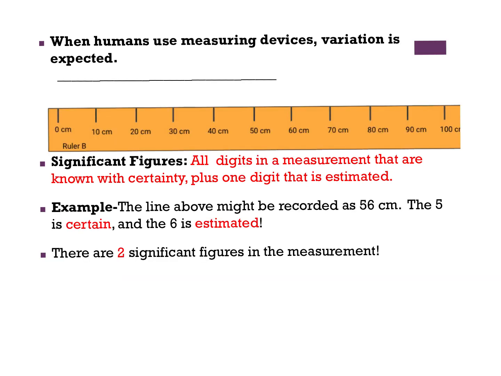Okay, so these rules of how we measure, we call them significant figures, or you'll hear me call it sig figs for short. Do you see where we get sig fig from significant figure? So significant figures is just all the digits in a measurement that are known with certainty plus one digit that's estimated.